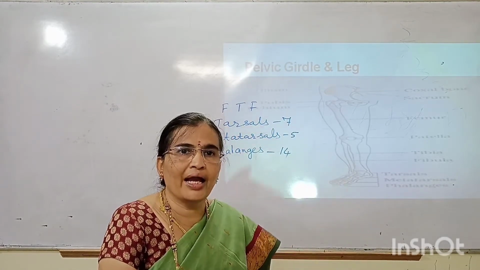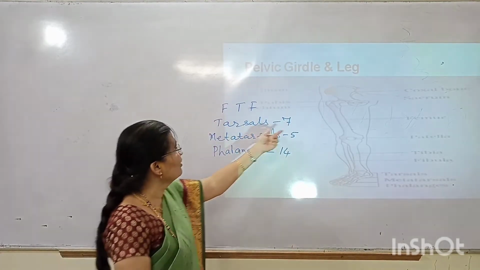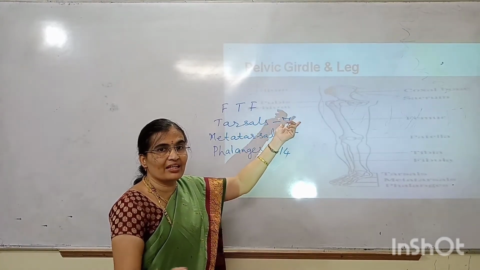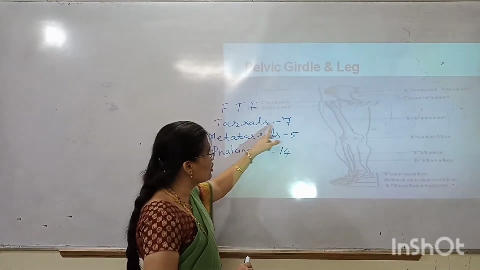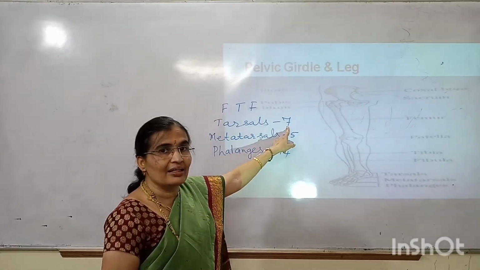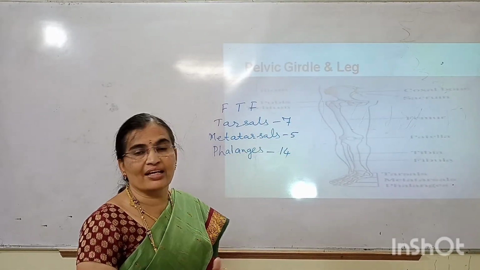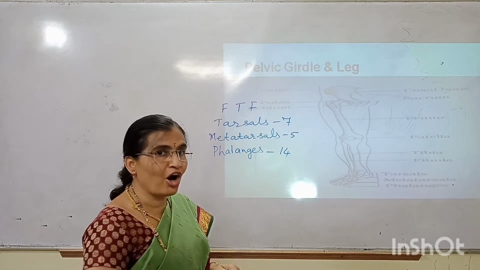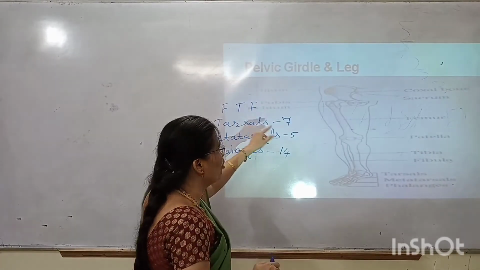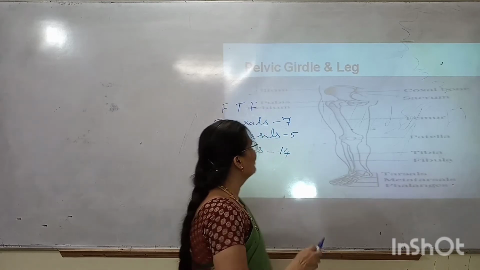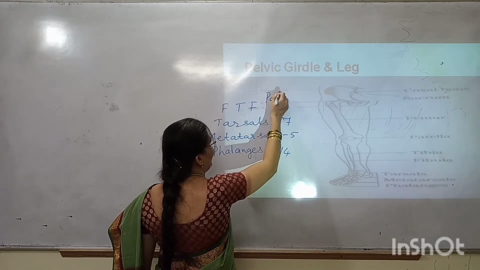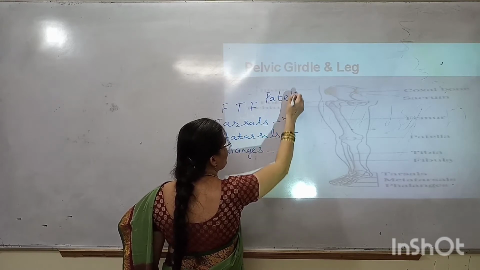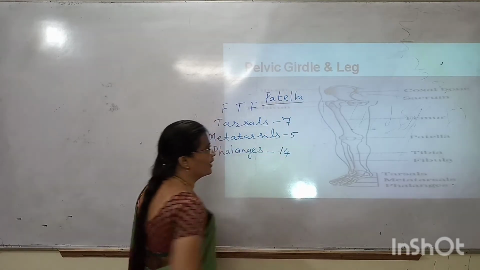Then where is this one bone missing? If tarsals were also 8, it would have been 31 instead of 30. Because here one more flat bone is present, which is called patella.